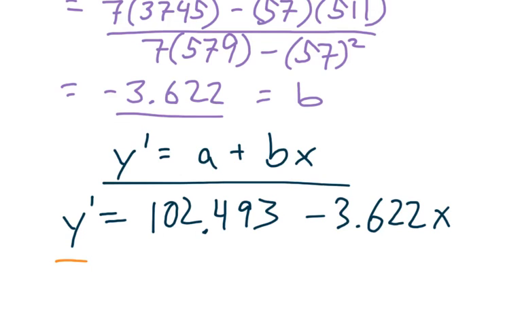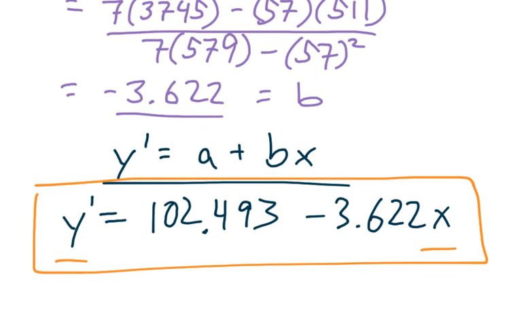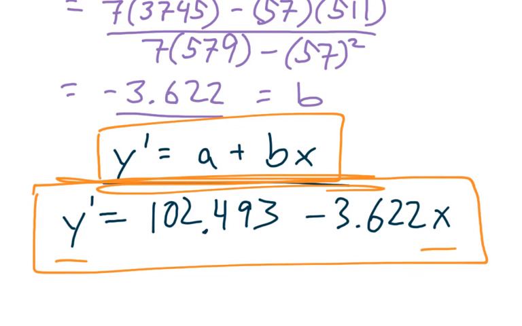We have both the Y prime and the X. And so here, this is our final answer. It asks for the equation of a line, and this is the format for what our equation is going to look like. It's going to look like Y prime equals something plus, maybe minus, something else times X. And keep in mind, our answer is not complete until we actually go ahead and put in numerical values for both A and B.